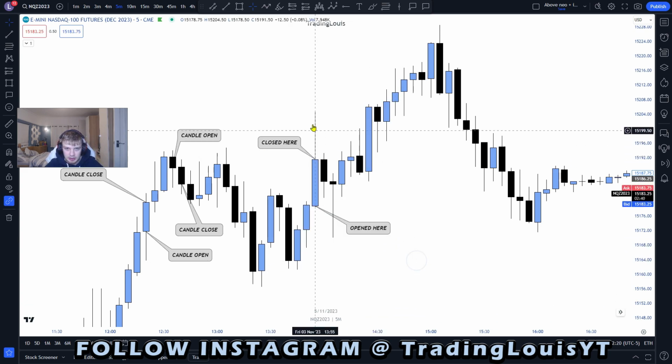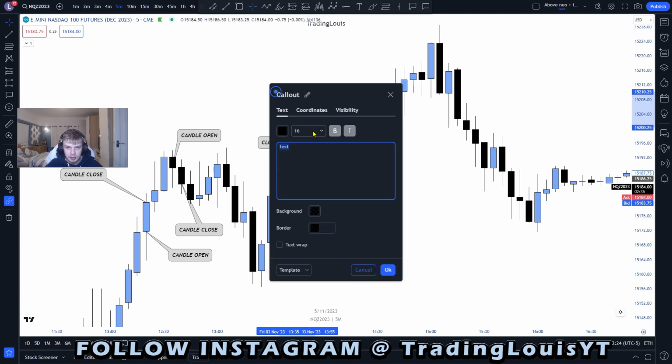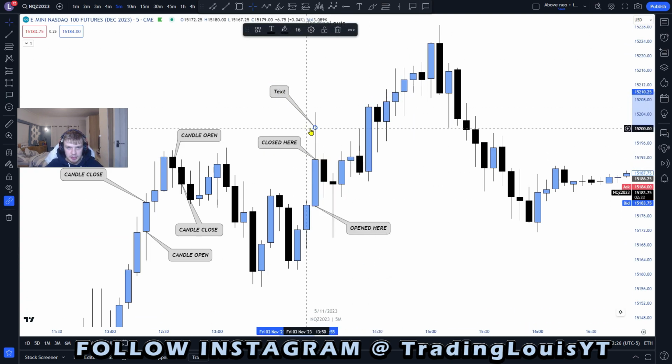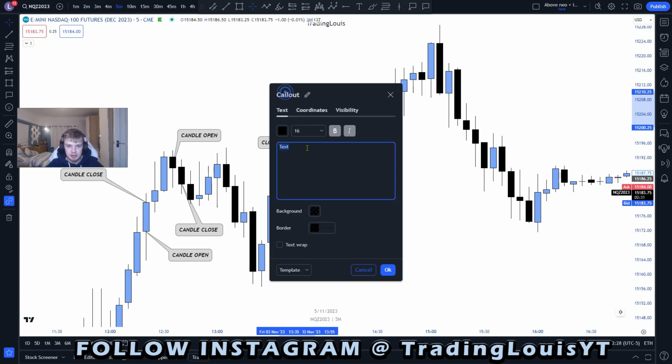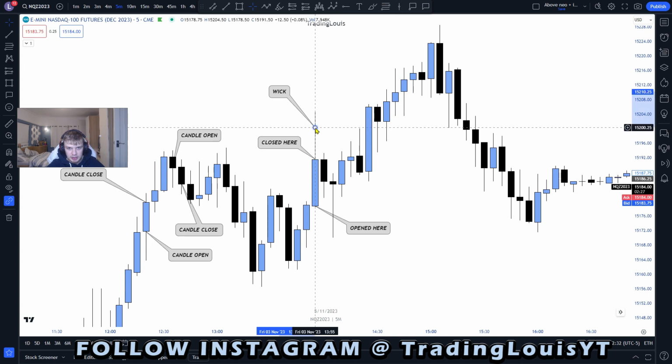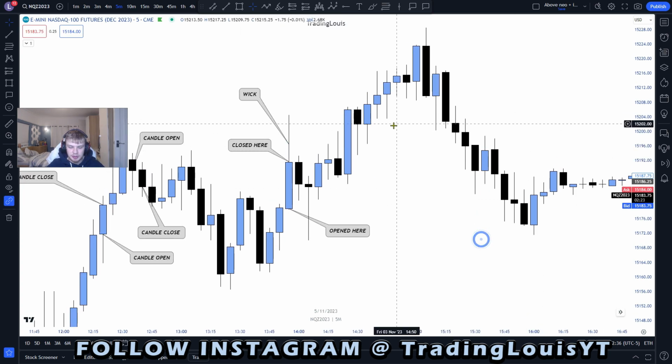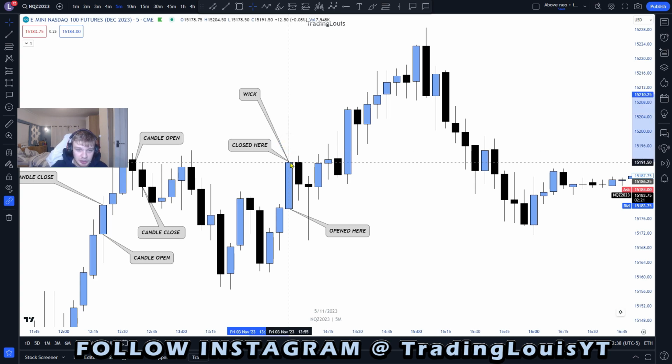So what these big wicks mean is the price action has come up into this point, but it is within the 5 minute zone. So the price action hasn't actually closed here. It has just come up.